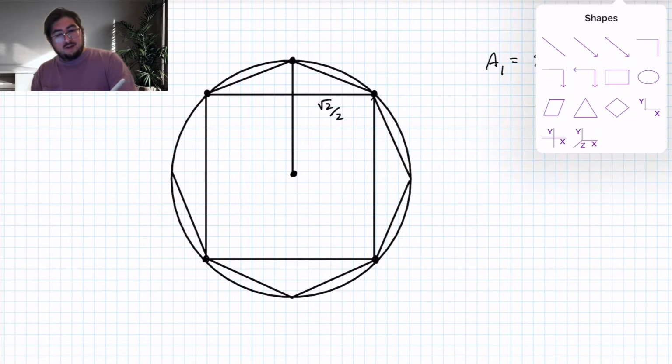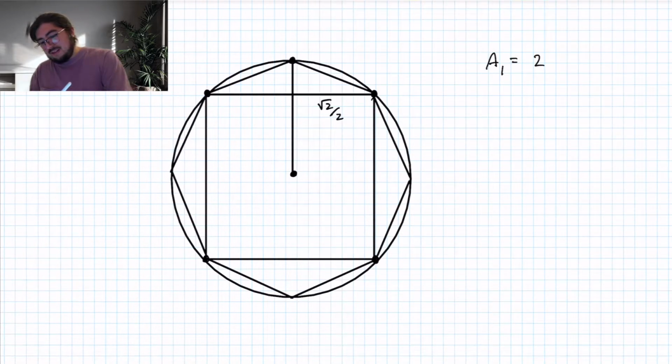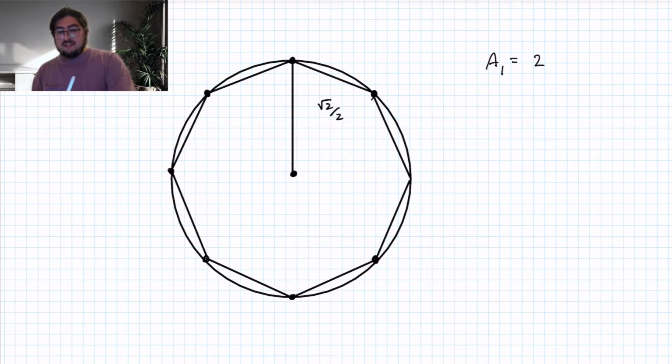I don't trust me doing the lines hand-free like that. But there we go, that's the octagon. Fantastic. And you can ditch the square so you can see what it looks like. Pretty cool.